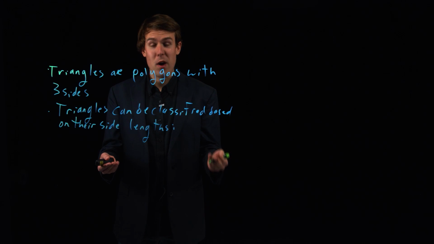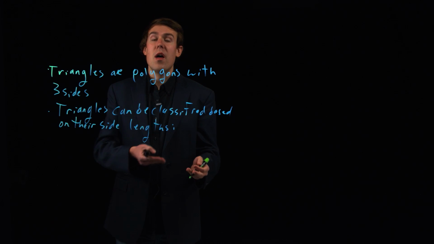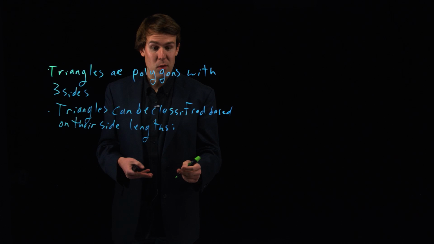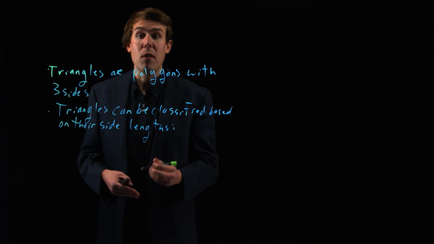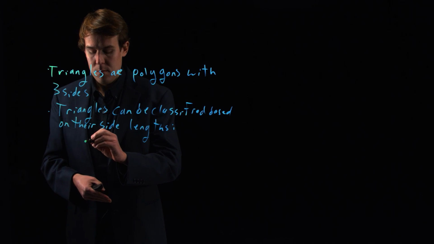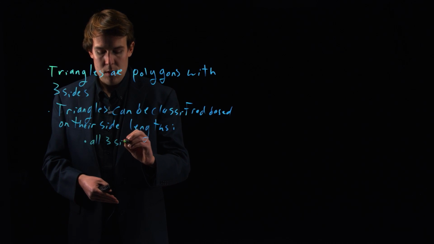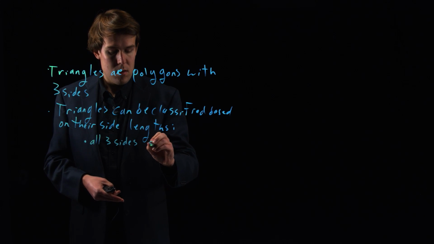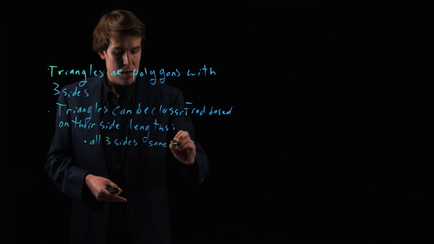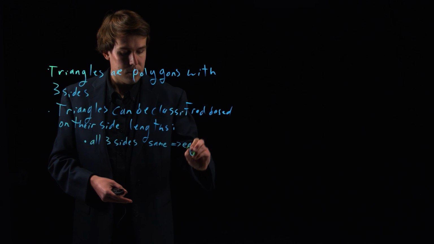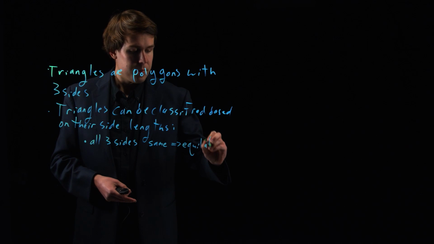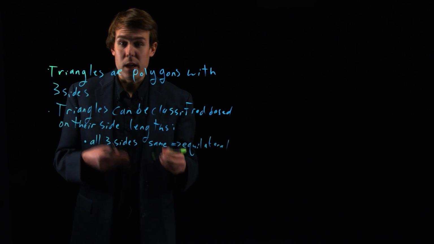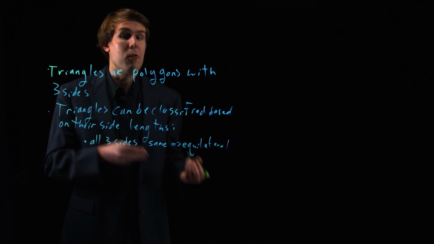The nicest type of triangle is one in which all three of the sides have the same length. We call these equilateral triangles. Equi meaning equal, lateral meaning side.